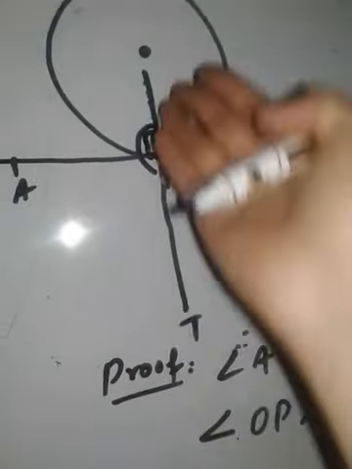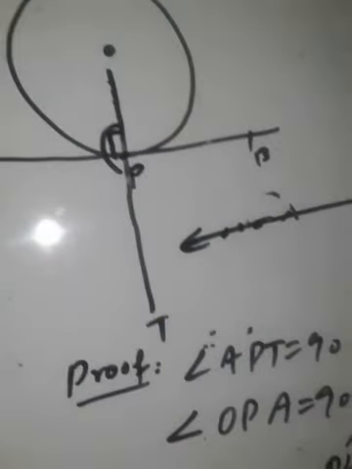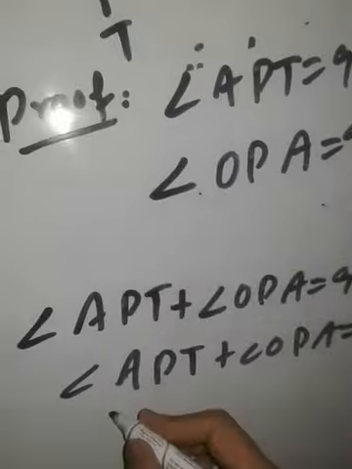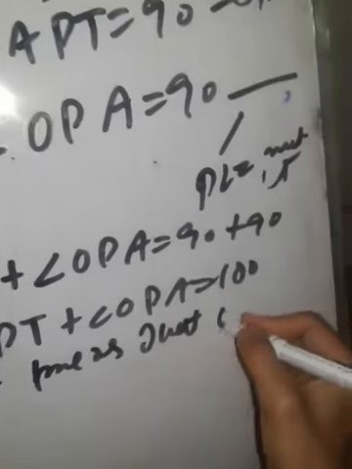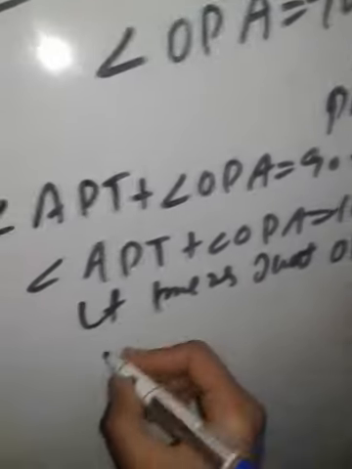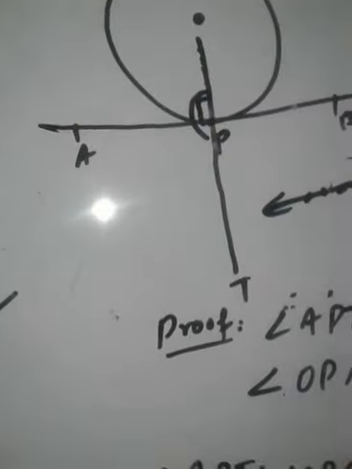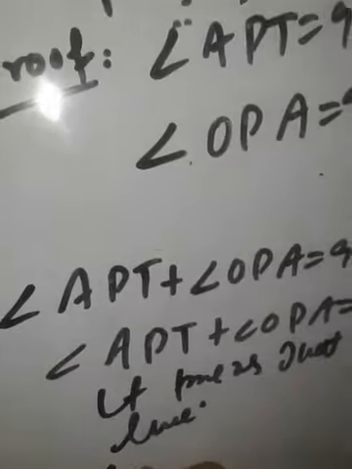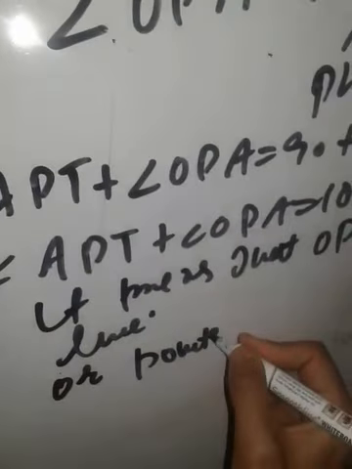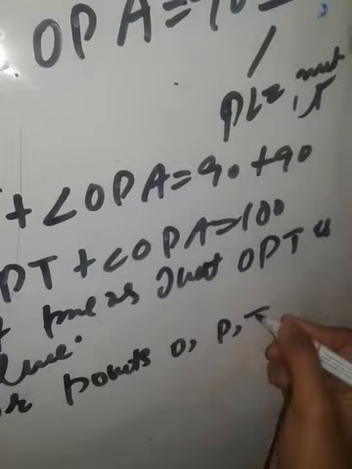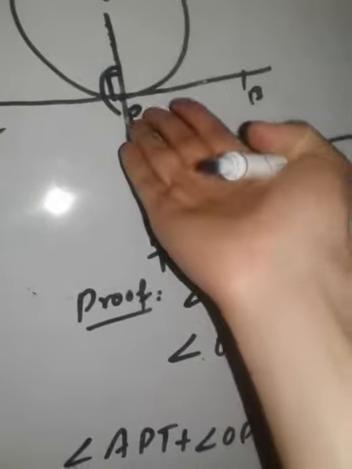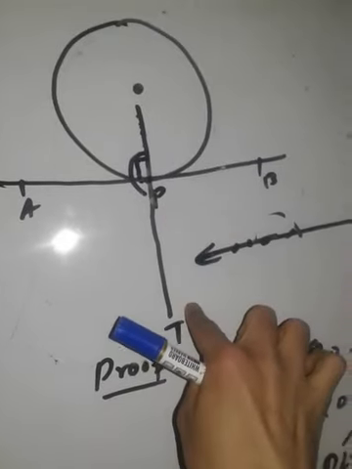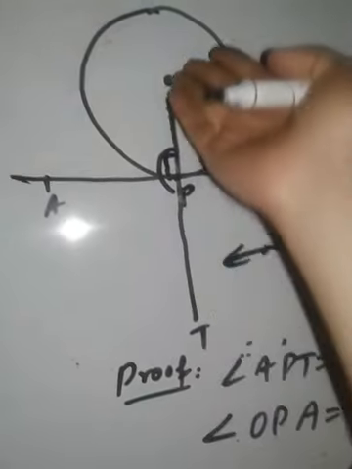So we write: OPT is a line, a straight line, or points O, P, T are collinear. What does collinear mean? Those points which lie on a straight line. So if these points lie on a straight line, this PT passes through the center.